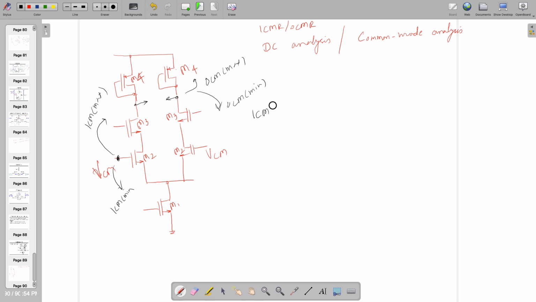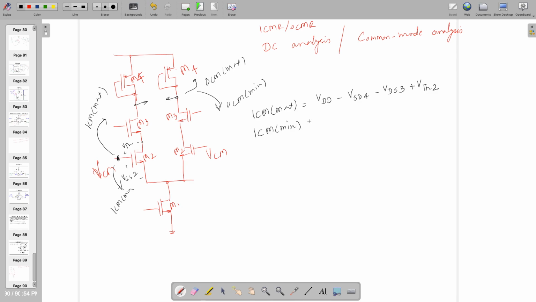So let's start with the ICM max. ICM max is nothing but VDD minus VSD4 minus VDS3, and you have to look at this. This is actually going to be equal to plus VTH2, because VTH over here and here it's VGS, so VGS2 will be incorporated in the min side.